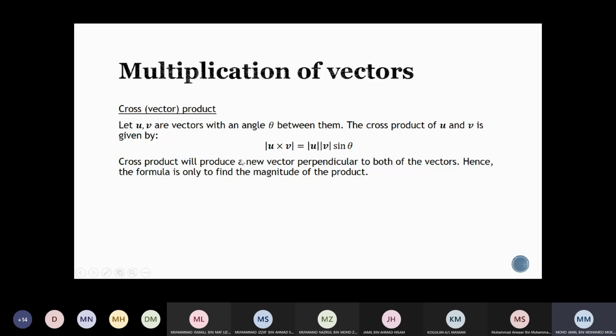So cross product will produce a new vector that is perpendicular to both of the vectors. So let's say if you have vector u and v, so you want to find the cross product. So the cross product is perpendicular to both of these vectors. Okay, so this is the cross product. Guna right hand rule kot, to find the direction. So the formula is only to find the magnitude. Okay, formula ni untuk cari magnitude saja.